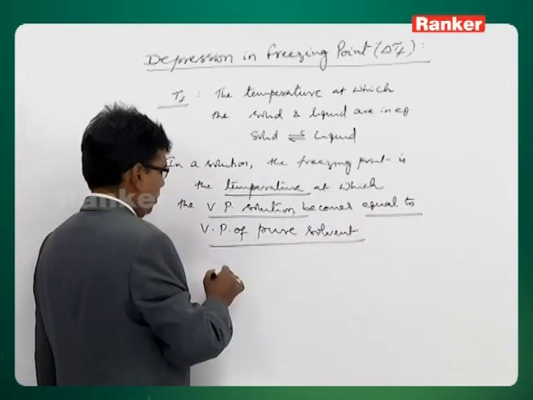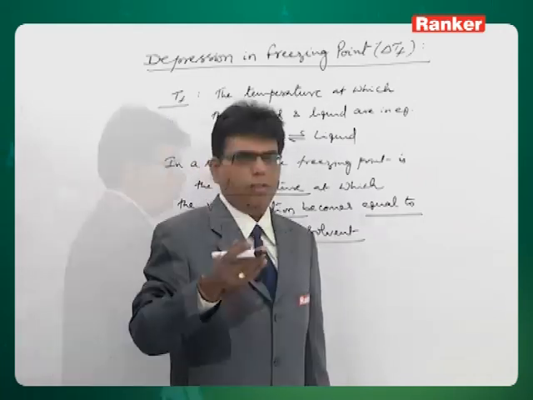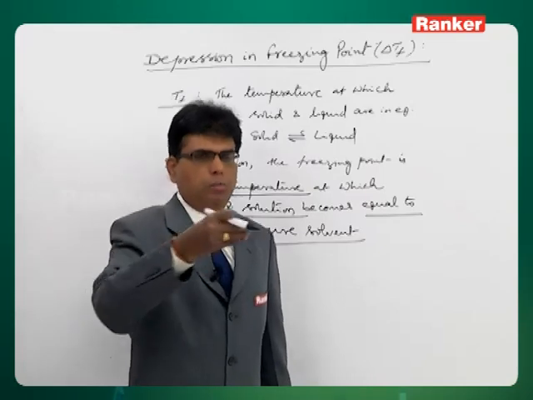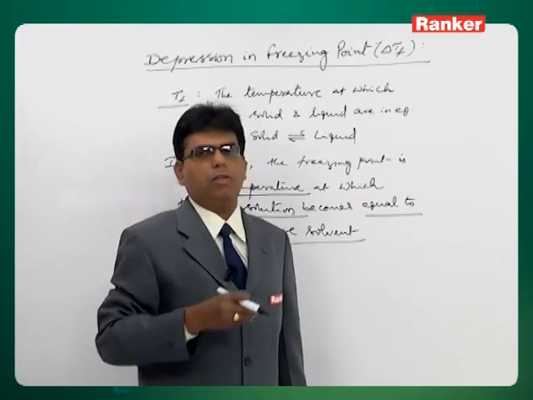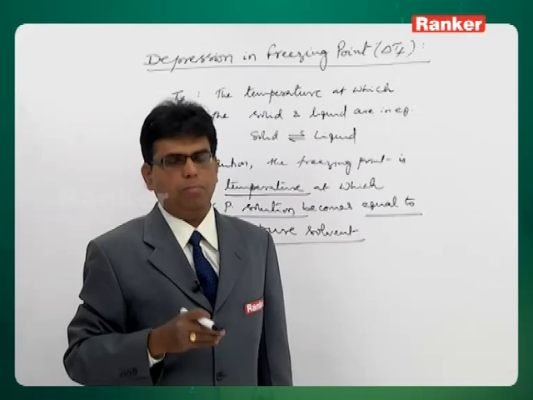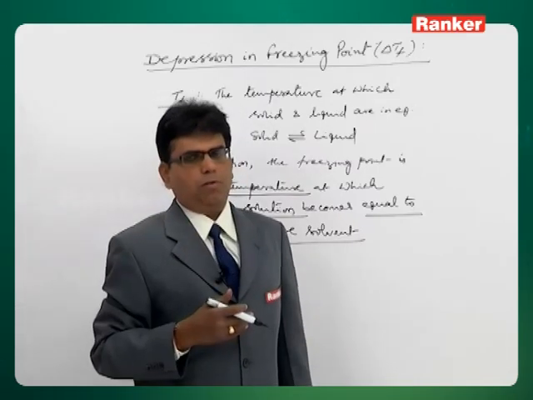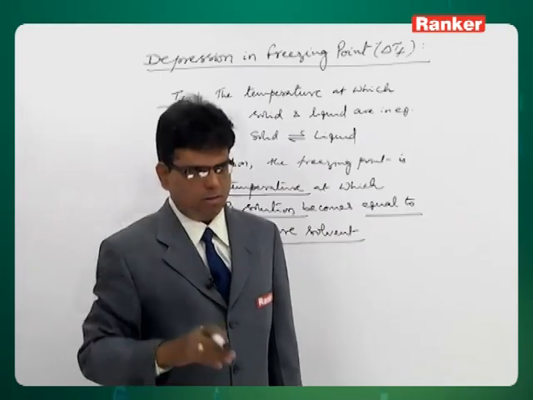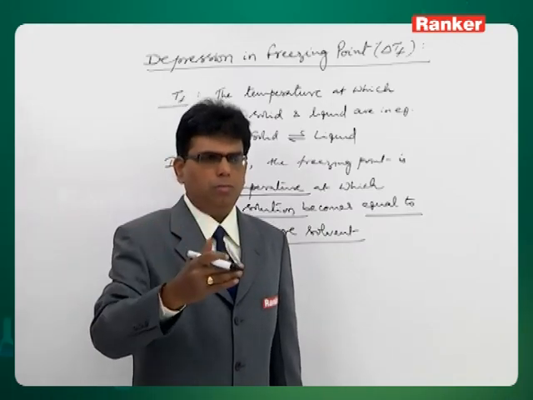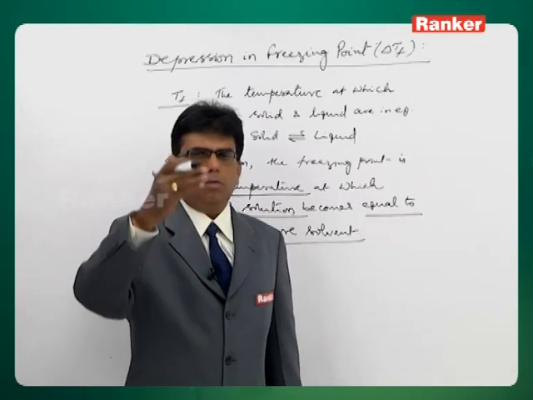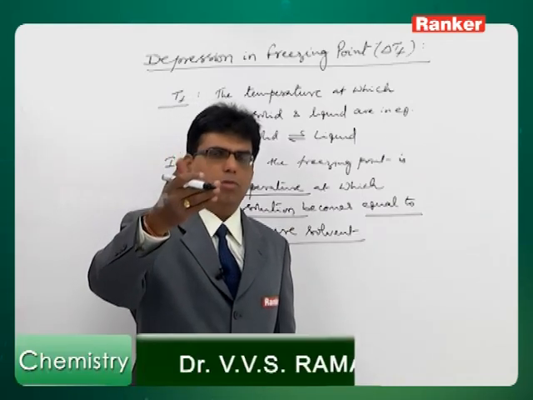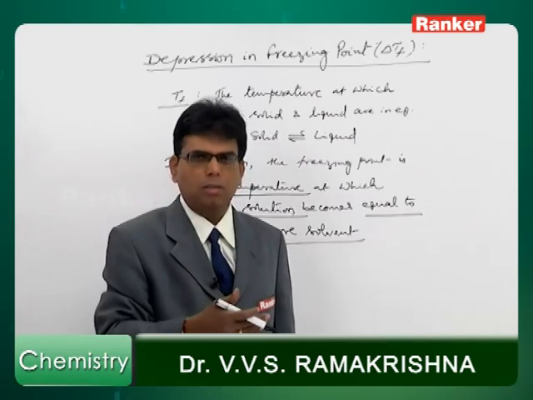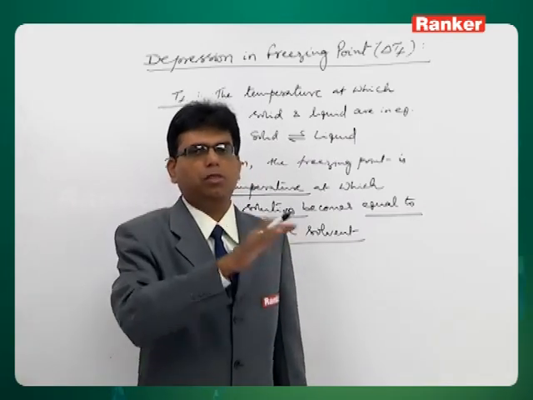So, here what happens is that for a solution, the vapor pressure to become equal to vapor pressure of pure solvent means, already in the vapor pressure what we told is when you add a non-volatile solute, vapor pressure decreases. Solution vapor pressure is less than solvent vapor pressure. Now, solution vapor pressure has to be raised, has to increase to the vapor pressure of the pure solvent.